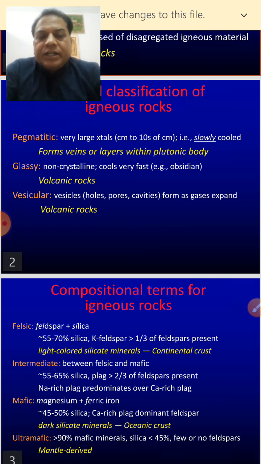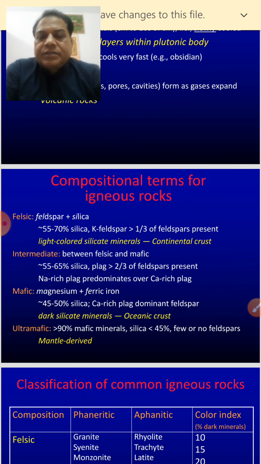Now the compositional terms used for igneous rocks. Felsic means feldspar plus silica. Felsic means 55 to 70% silica, K-feldspar, one third of the feldspar present. They are light colored silicate minerals, found in the continental crust.